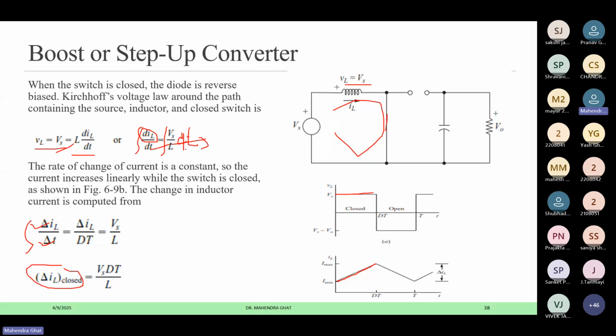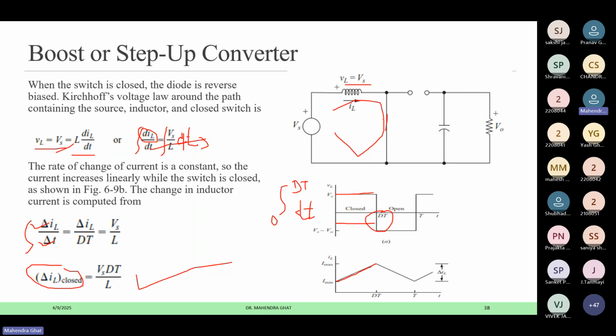Vs by L is constant, and the integration of dt from 0 to dt gives t, and if I put this value, it gives dt. So delta IL close is Vs dt by L. This is the equation we are getting when the switch is closed.